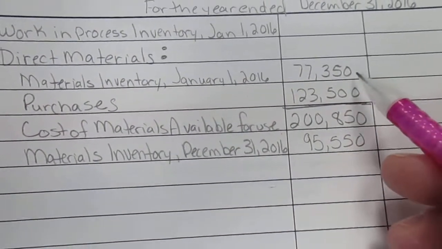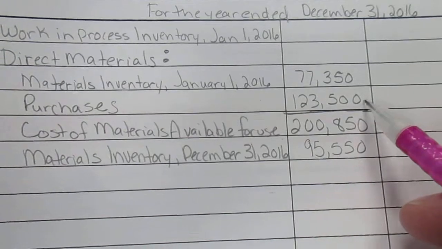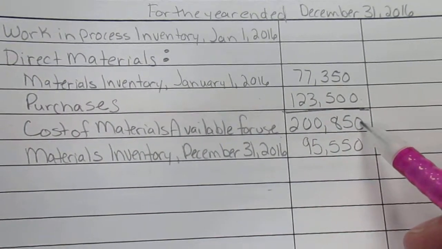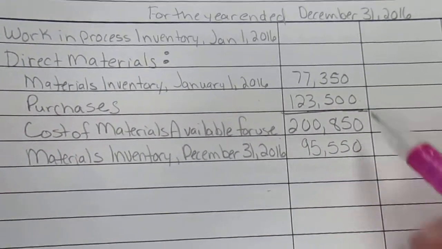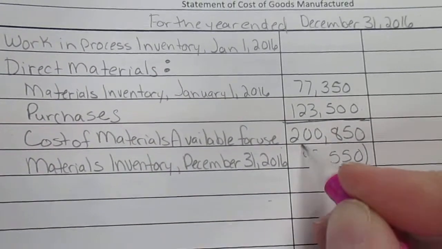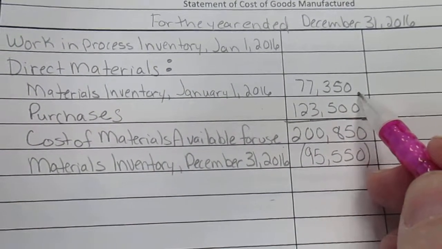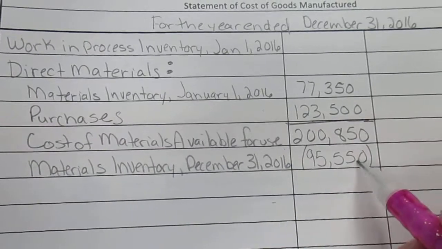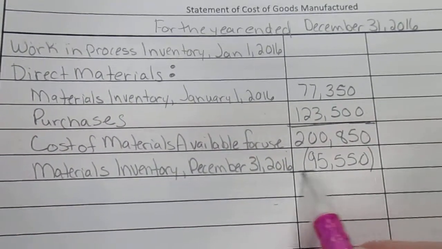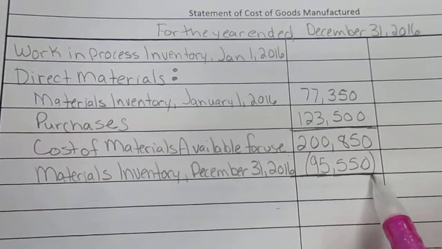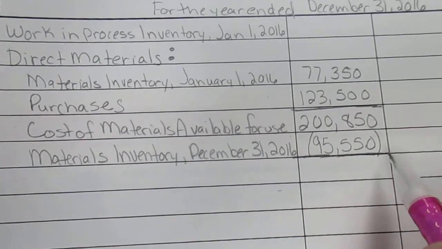Okay, so this tells me January 1st, purchased throughout the year for a total of $200,850. I'm going to subtract what I have left. So I have this much in the garage, I added this much, and I'm going to subtract what's left out there so that I can see how much I used throughout the year.